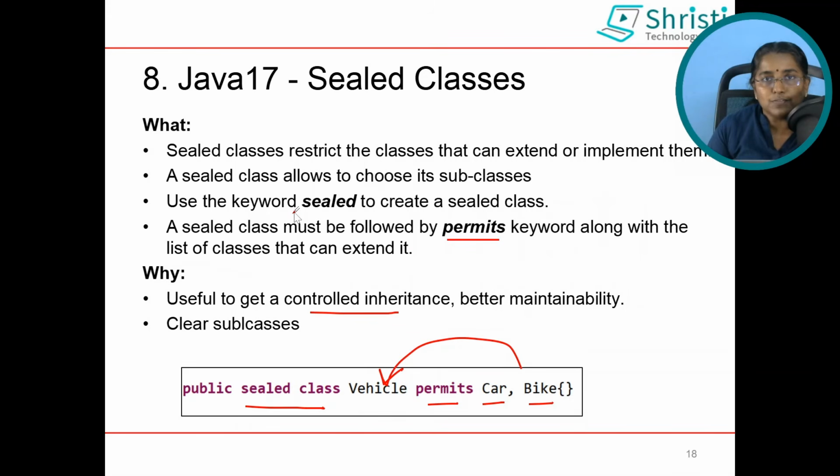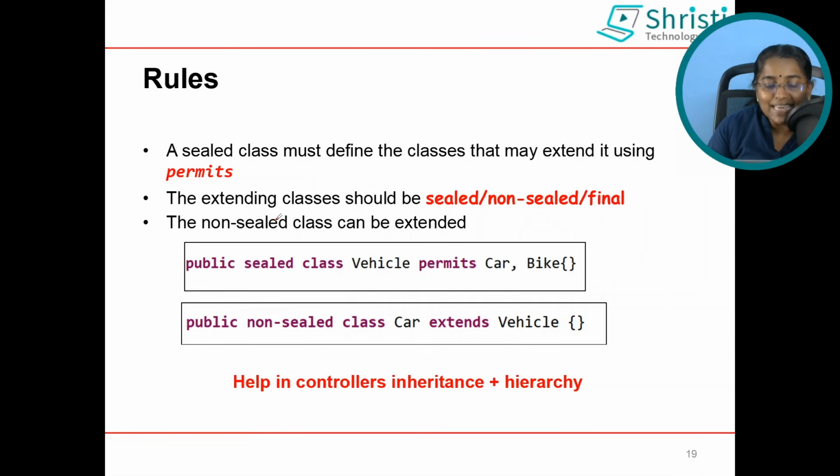Okay, this is fine. But what should be the type of the subclasses that extend this sealed class? The extending subclasses should be either sealed, non-sealed or final. As in, the car class and bike class should come under any one of these categories.